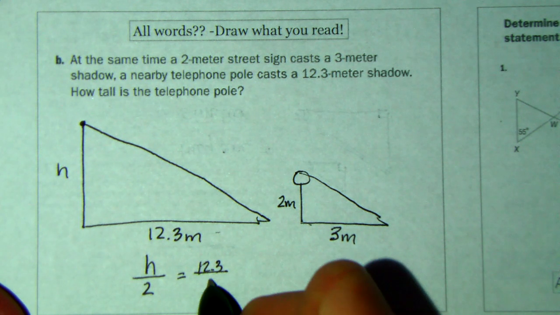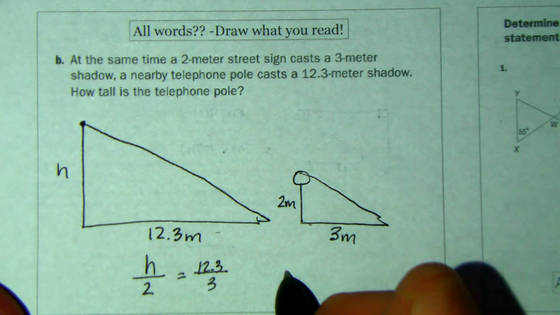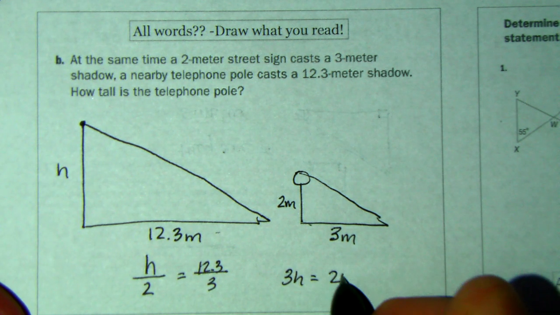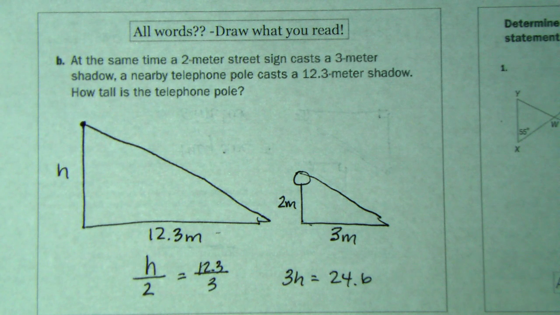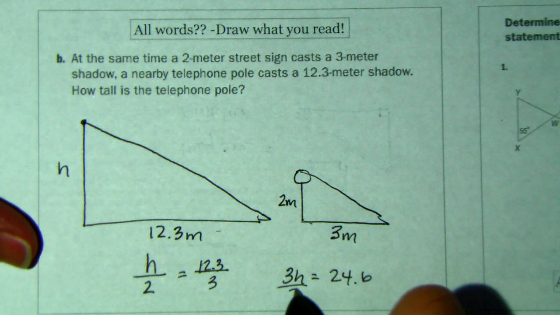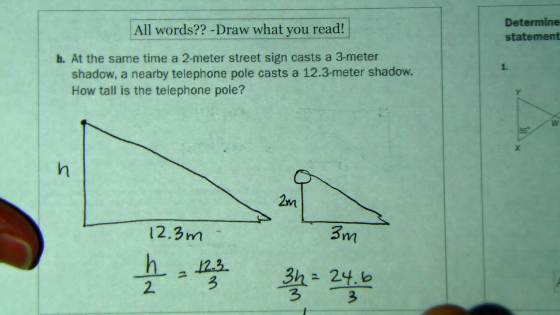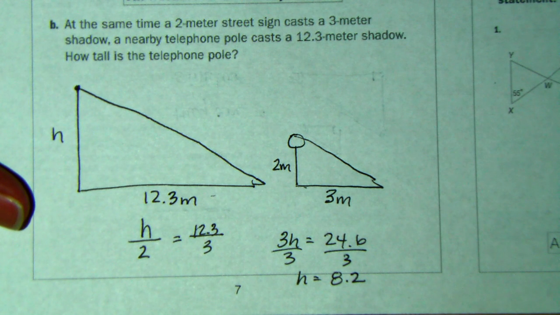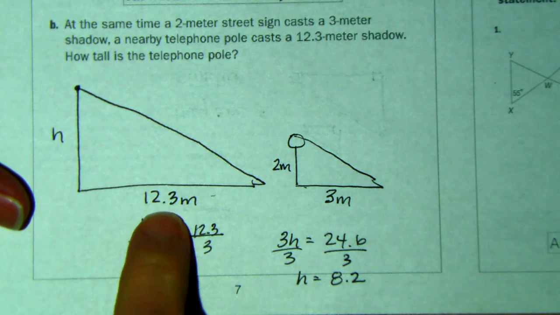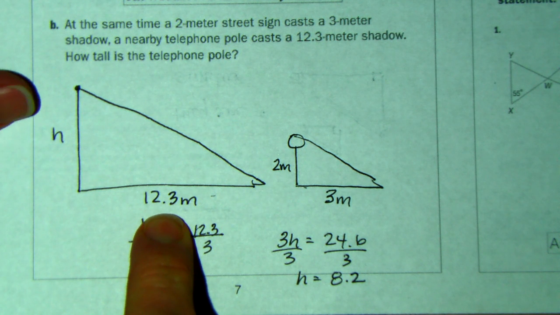Yes, I did that in my head because I can take 12.3 times 2. Divide by 3, what do we get? I'm pretty sure it's 8.2. Does that seem reasonable? 8.2 for the, it's going to be less than 12.3, check, right? So it sounds all right. 8.2 meters. Questions on that one?